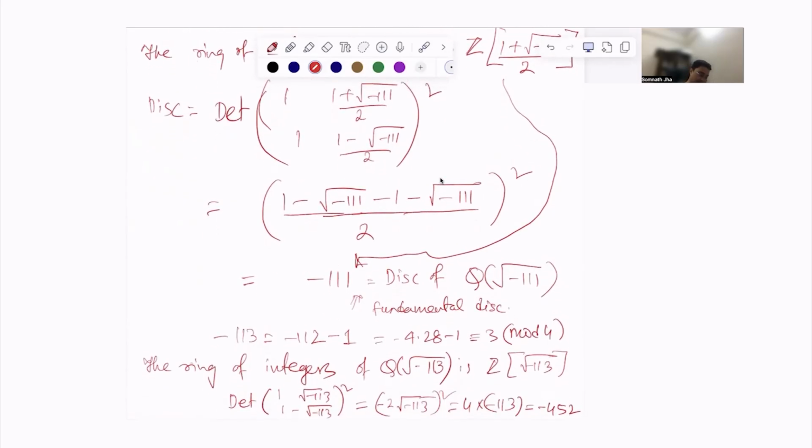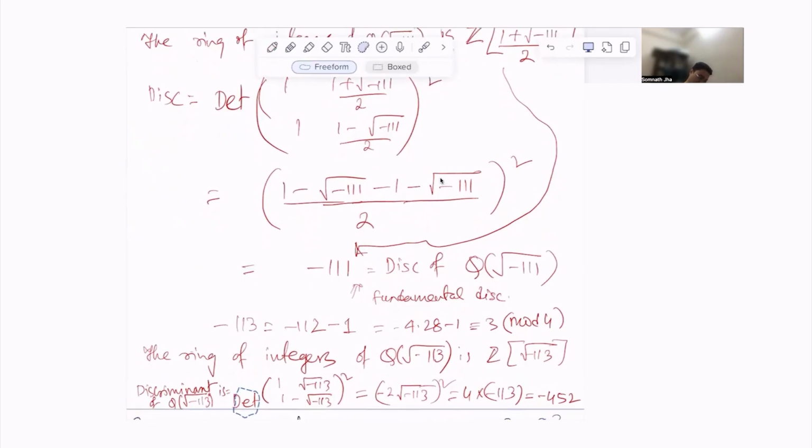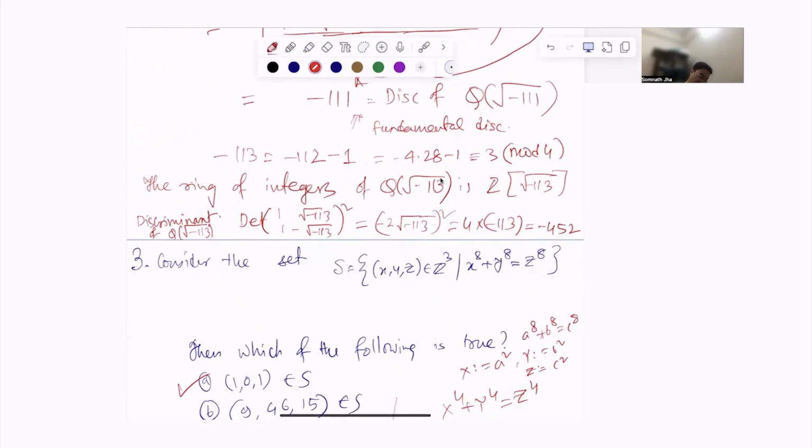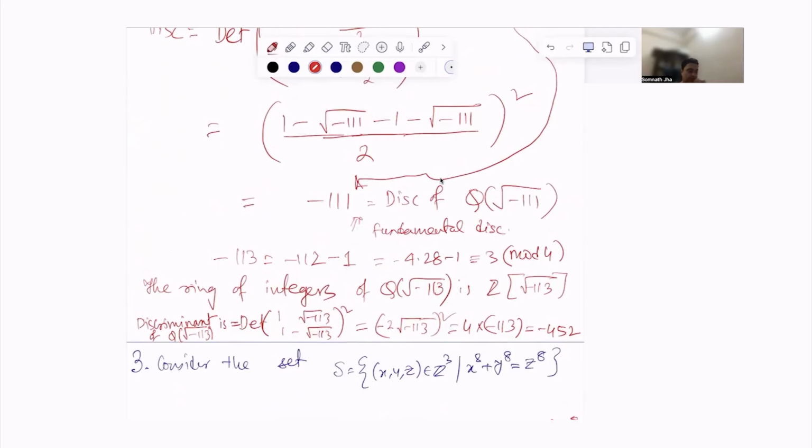And the discriminant of Z[√-13] is equal to the determinant of this matrix.